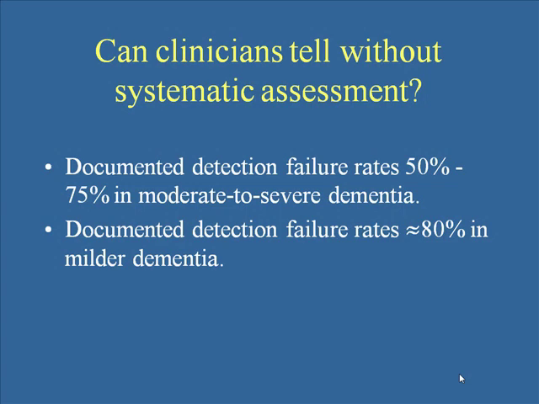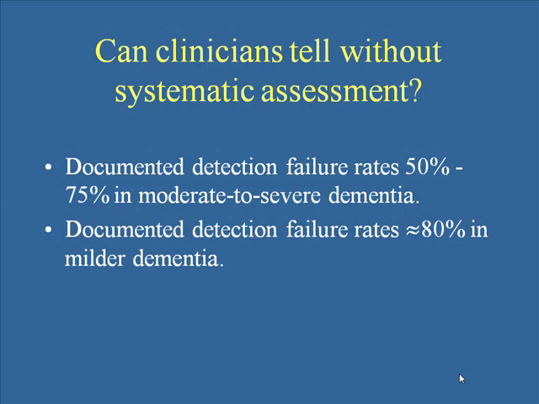So you can find research studies out there that document failure rates of 50 to 75%. In other words, not identifying or detecting half of the people who are suffering from moderate to severe dementia and being seen in a primary care setting.